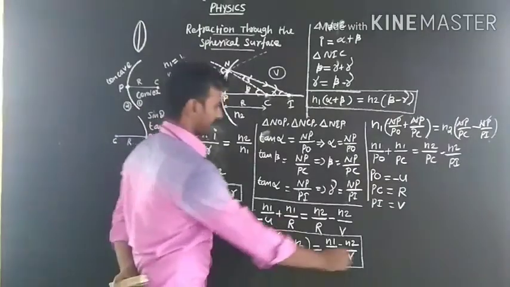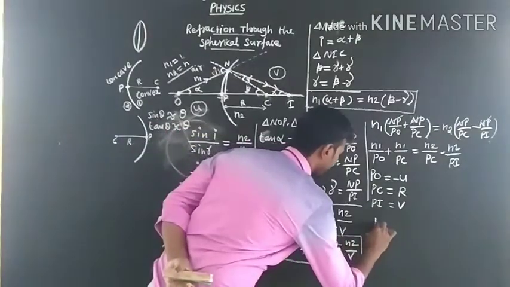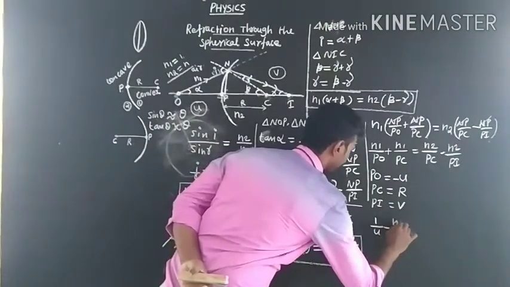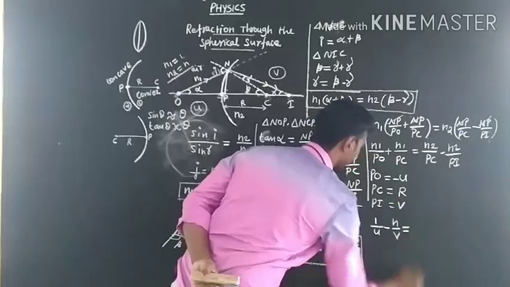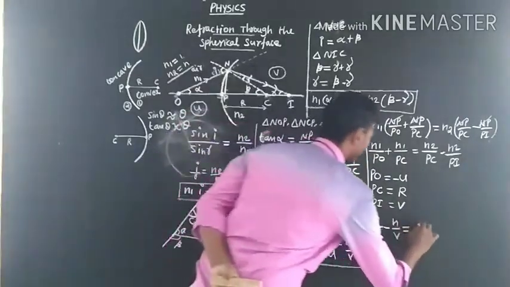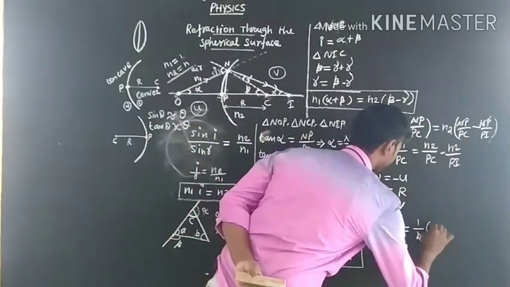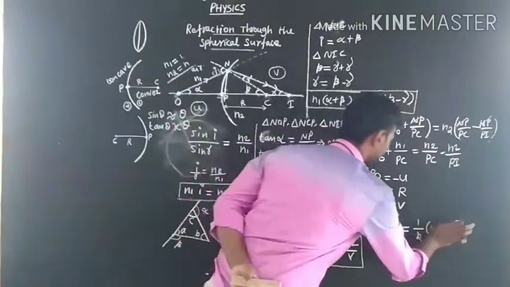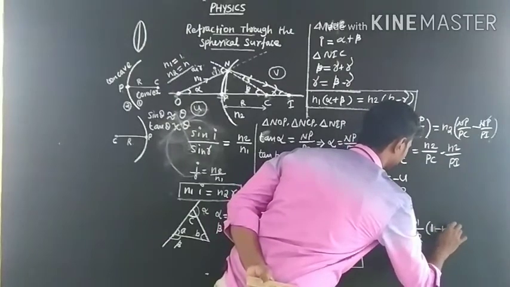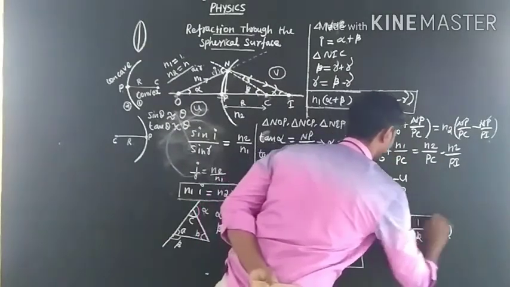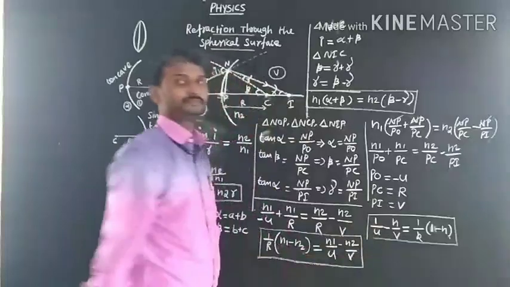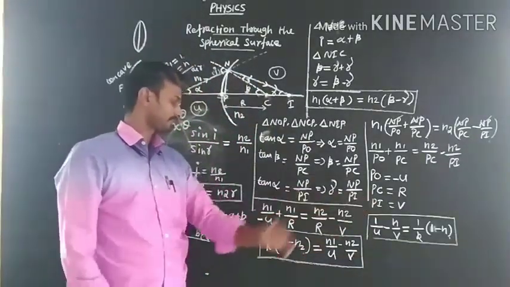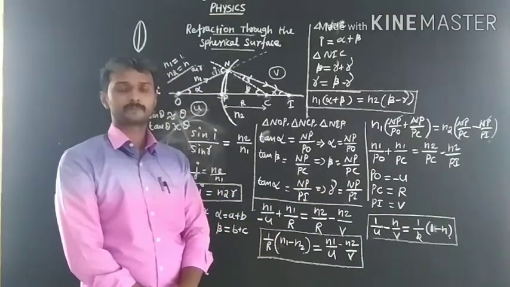Then modify this equation as 1 by u minus n by v is equal to 1 by R into, n1 is taken as 1, therefore 1 minus n. Do you understand, students? So these are the equations of refraction through the spherical surface.